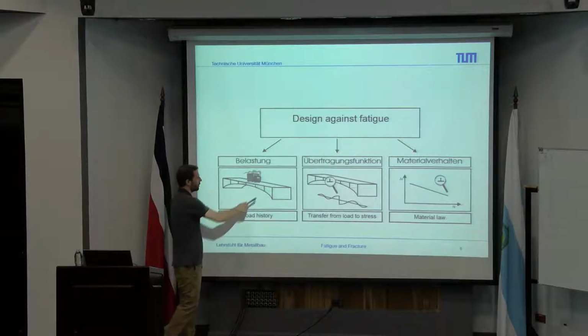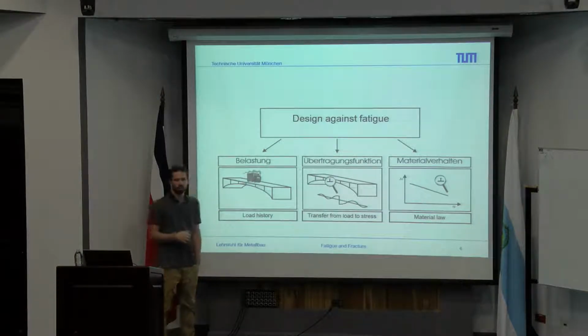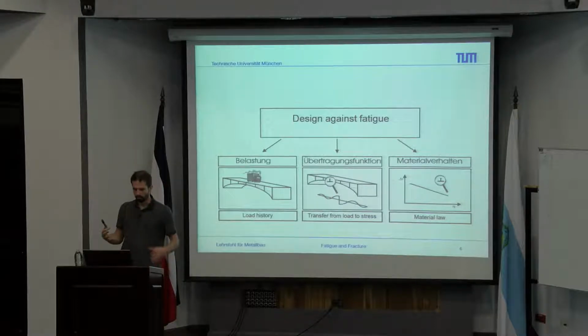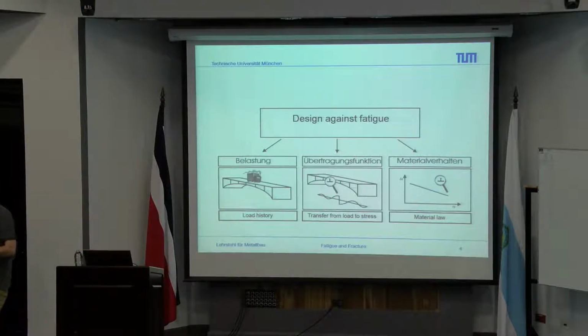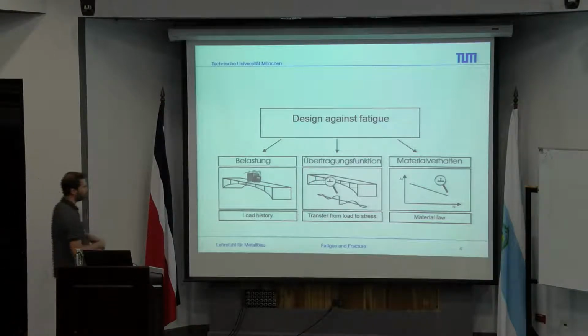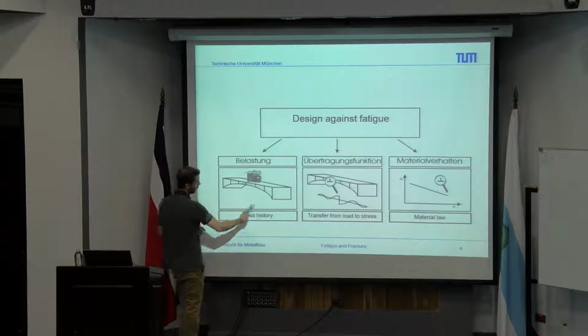You can go there and do some measuring of the traffic, of the loads which are going over your bridge or over your crane structure. Then you have the information about the load history.